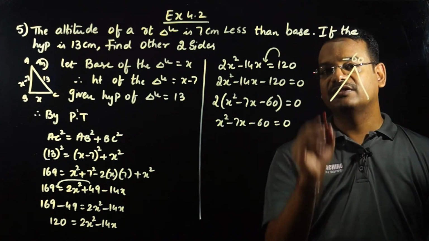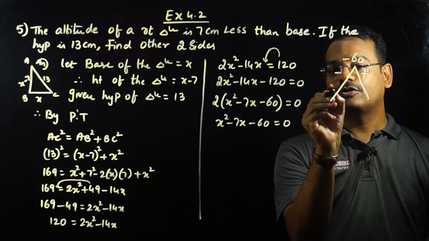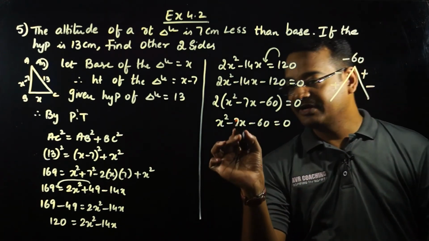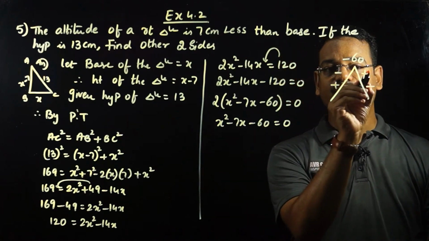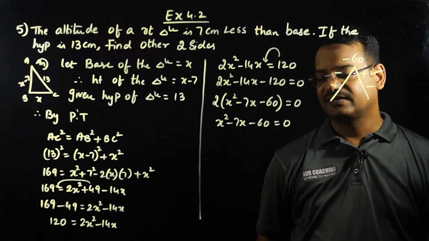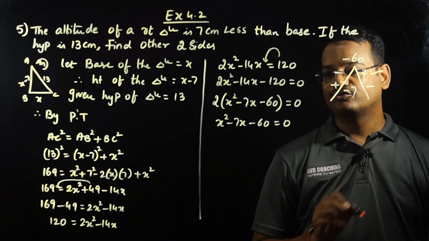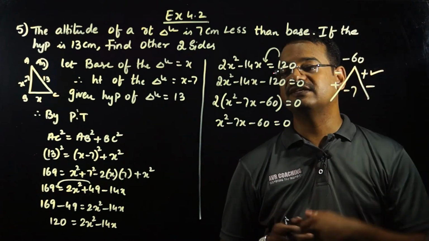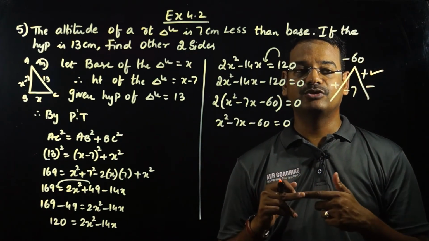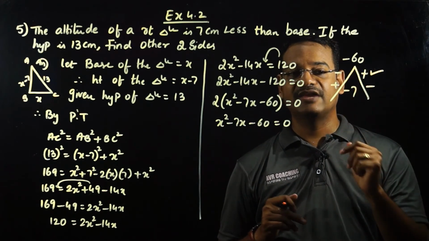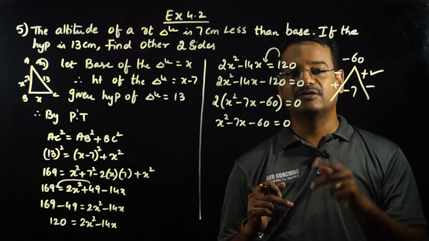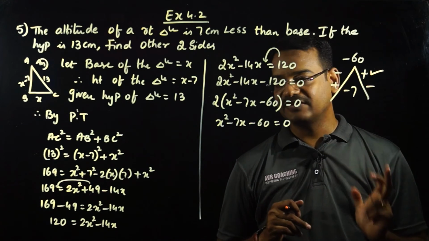So we will go with minus into plus or plus into minus. Since the middle term is minus, we will go for minus into plus, and the middle term is 7. So we have to split 60 in such a way that when we multiply the two terms it will be 60, and when we subtract the two terms it will be 7.